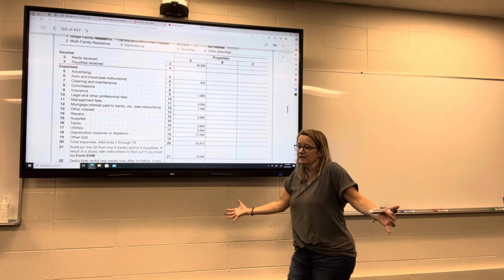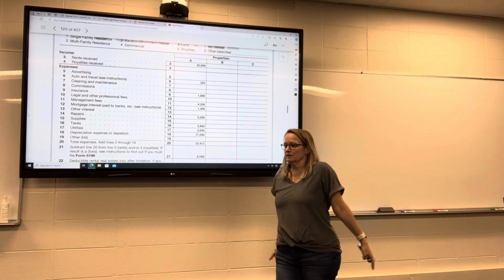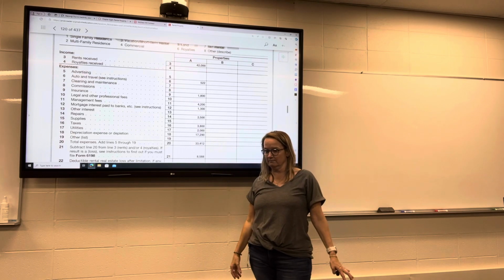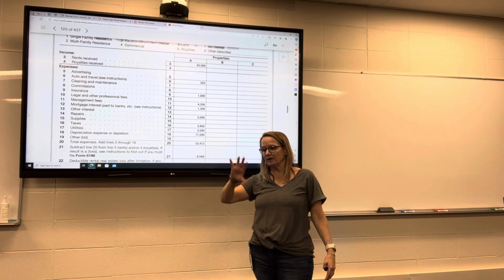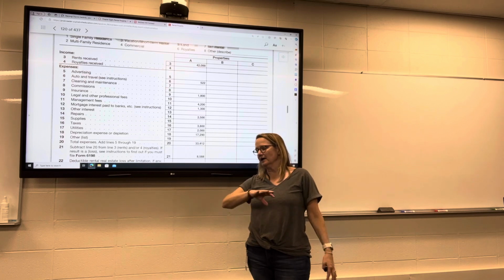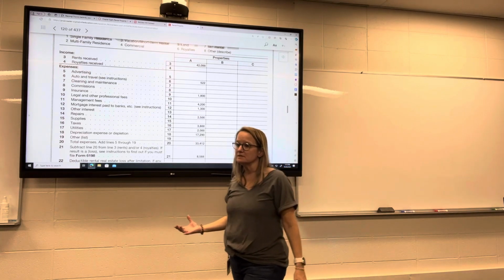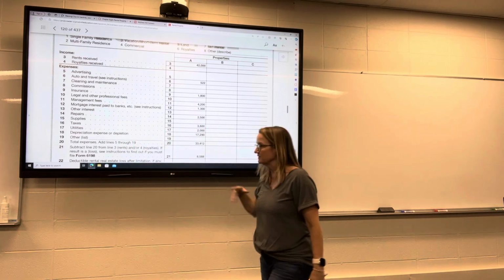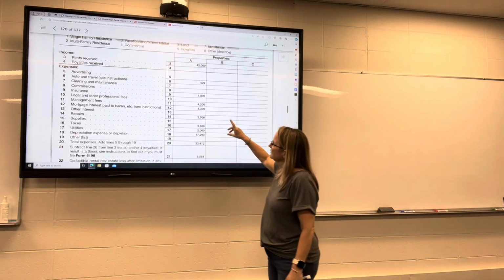They have a property, it's just sitting there, they rent it, they don't want to take care of it, so they hire somebody else to take care of it for them, right? When a problem arises, and they always arise with rental properties, they can call the management company instead of involving the owner. So management fees are very common.